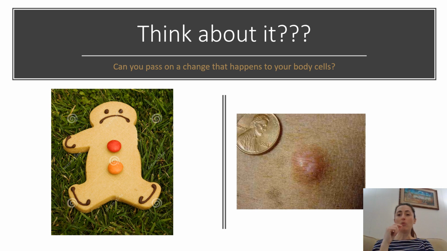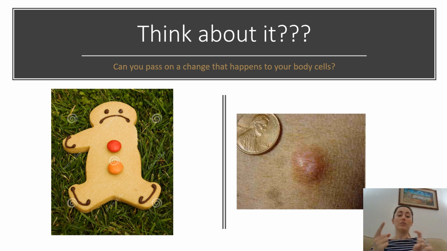The answer is most likely no. Because that change in your body cells did not affect, normally, your gametes, or your sperm and your egg. And only the sperm and the egg have the genetic information that gets passed on to the offspring.